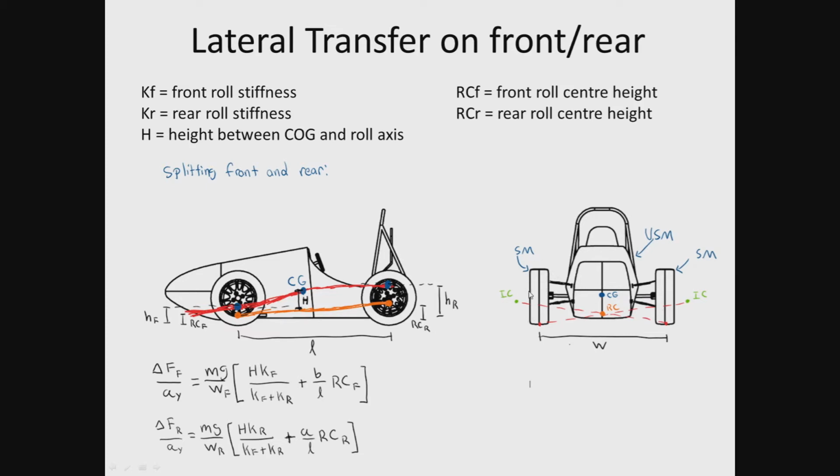Likewise, this sprung mass here is rotating about this instantaneous center. That's like its center of rotation, its axis of rotation. The intersection between our tire and the instantaneous center, where these connect, that's what's defined as our roll center. And this is where you can define your sprung mass forces acting, whereas the unsprung mass or the entire mass of the car combined will act on your center of gravity.